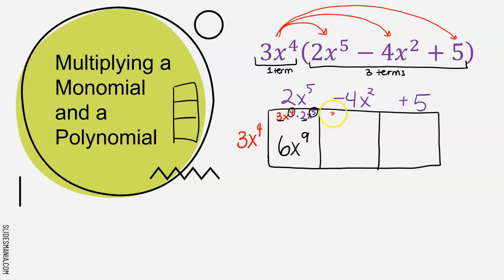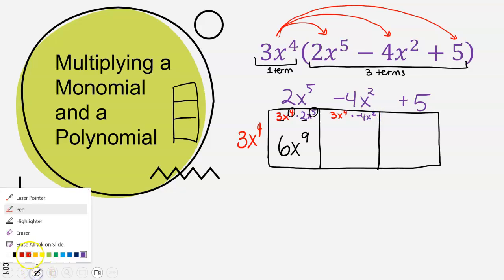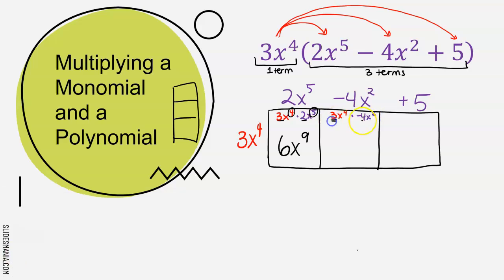In the second box, I'm going to take 3x to the fourth, and I'm going to multiply it with the box that's right above it, negative 4x to the power of 2. Just like before, I'm going to multiply my numbers, so I get negative 12, and I'm going to add my exponents, get x to the 6.